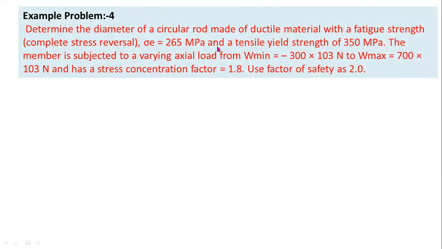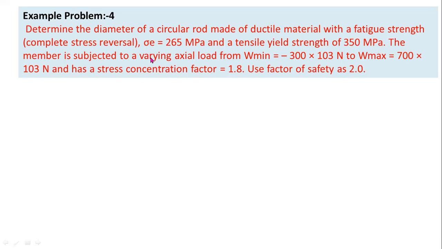Determine the diameter of a circular rod made of ductile material with a fatigue strength, complete stress reversal. Endurance stress sigma E equals 265 megapascal and tensile yield strength, sigma Y, equals 350 megapascal.